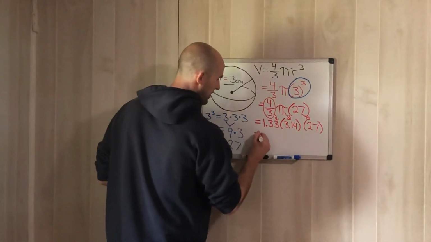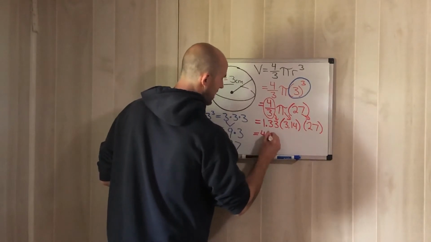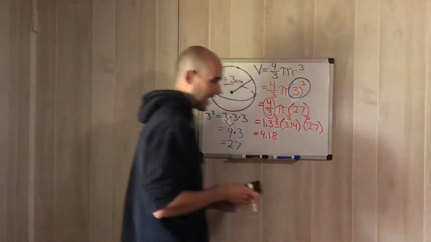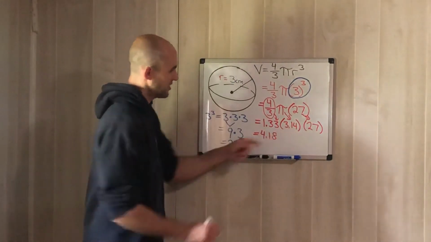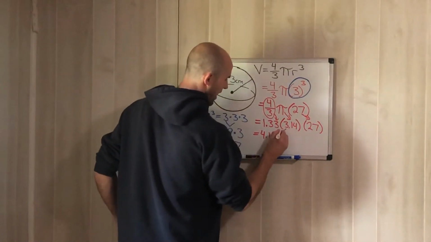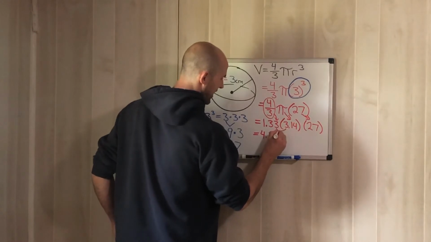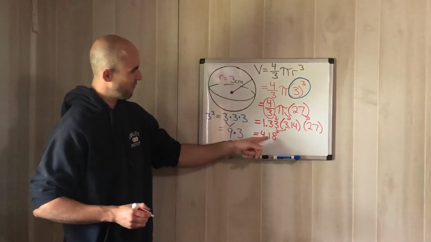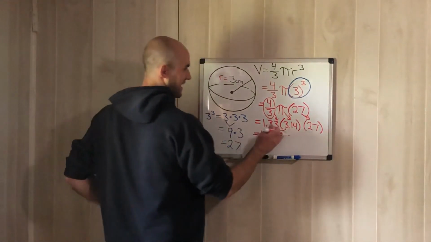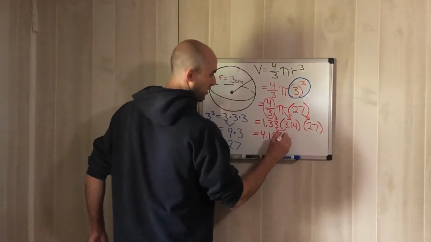4.176, but I'll just round it to 4.18. Where I got that number from is I just did 1.33 times 3.14, and it gave us 4.18. Can't forget the 27 though, guys.